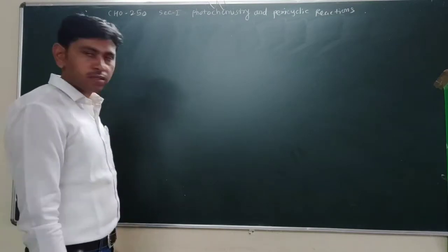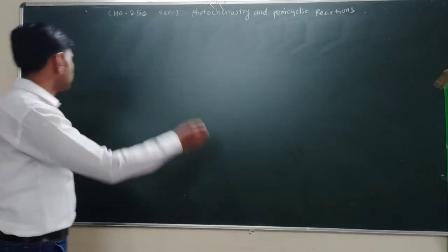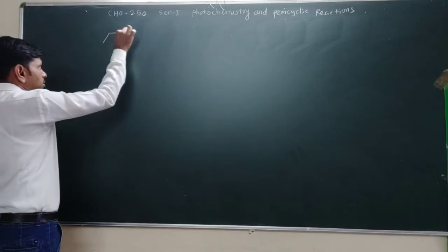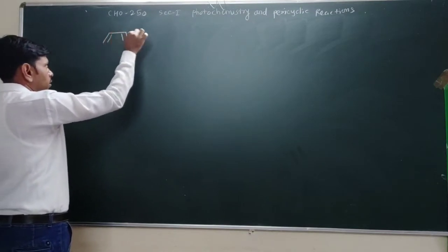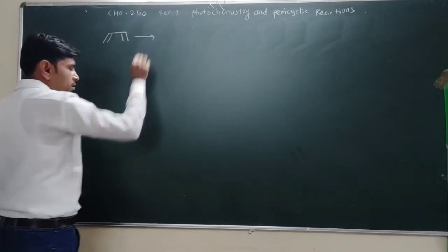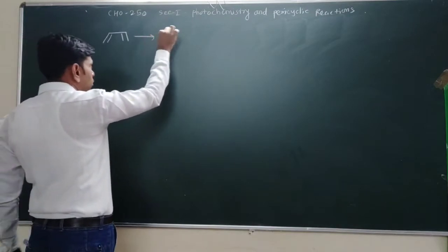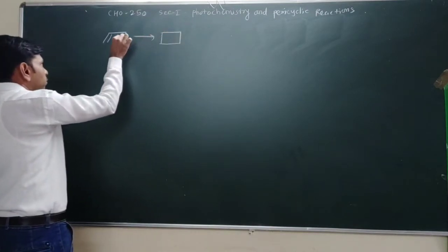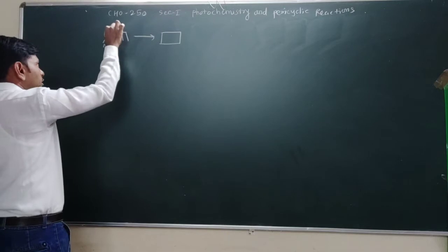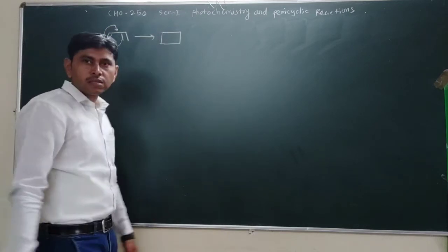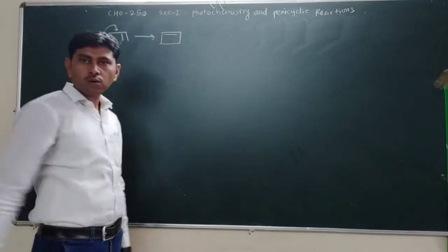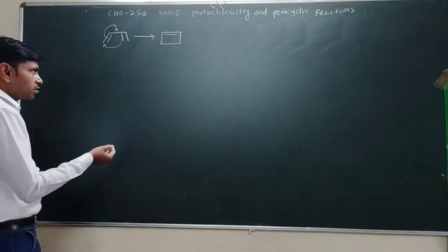In electrocyclic reaction we saw some examples. See the first example, simple examples: ring closing reaction and ring opening reaction. In the ring closing reaction the cyclic shift of electrons takes place and we obtain the cyclic product. Ring opening reaction is also there.